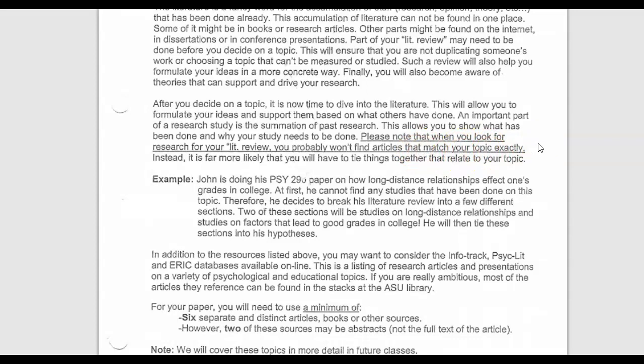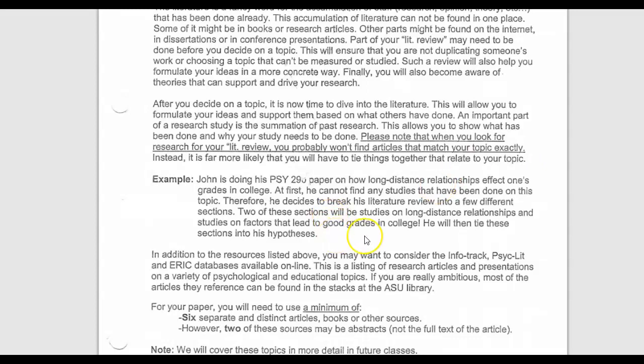So, back to that example of video games and aggression. It's not likely that you're going to find exactly what you're looking for. So, can you find some articles on video games, other articles on just what people do for hobbies or recreation, other articles on what makes people aggressive? That's fine. It doesn't all have to be exactly your topic.